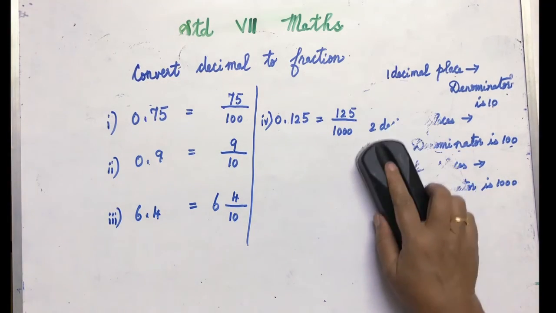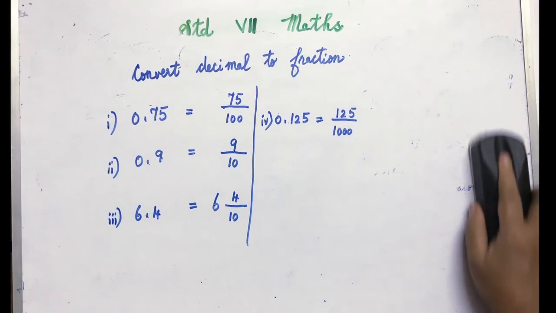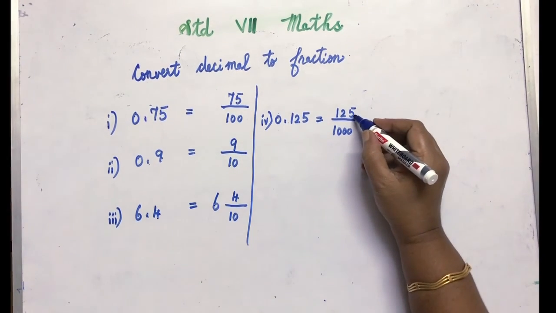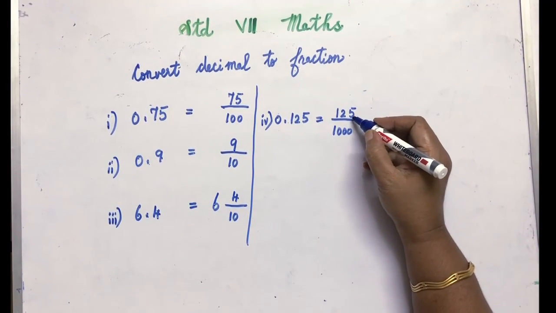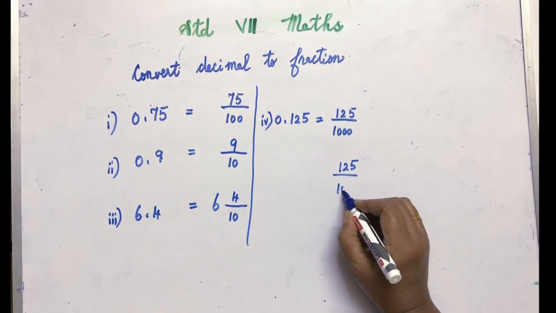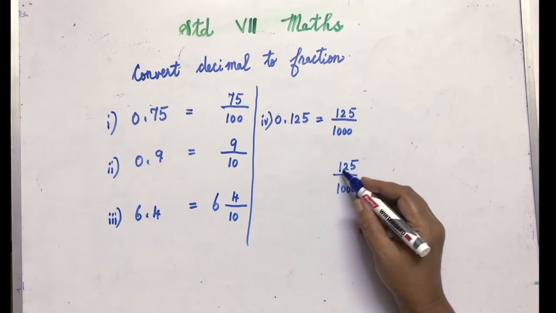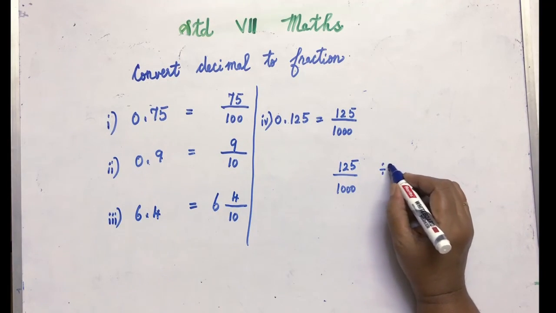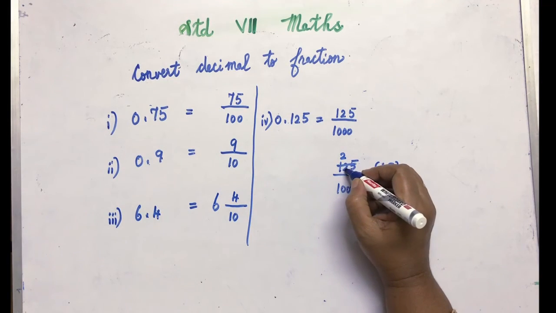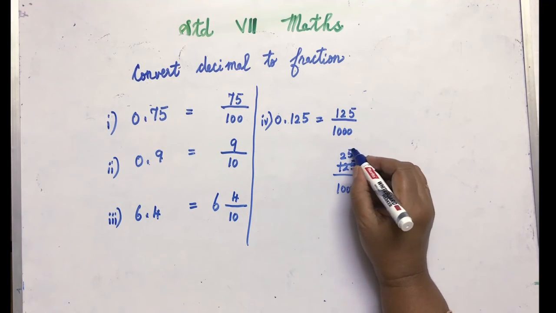Now all the fractions we can reduce by using the tables. So if we want to write in lowest form, 125 by 1000, we can divide using 5 table. Divide by 5 table now. 2 5s are 10, balance 2, 25, 5 5s are 25.